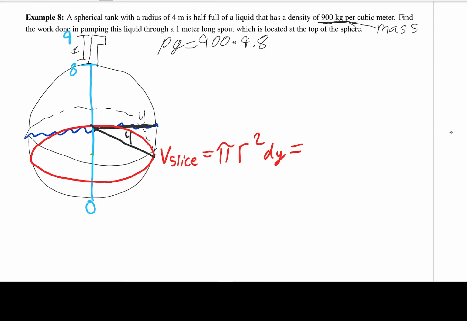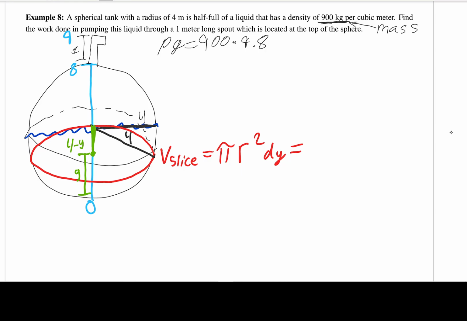Here's the center of this slice. Then this segment right here would have to be 4 minus y, because remember that this entire thing is a radius, so that's equal to 4. And so if we have gone y units up from the bottom, then this little smaller piece right here is going to be 4 minus y.